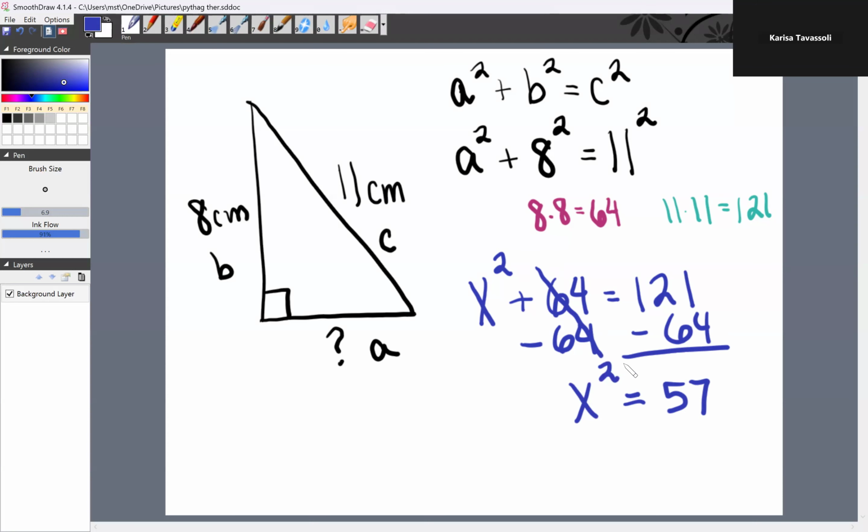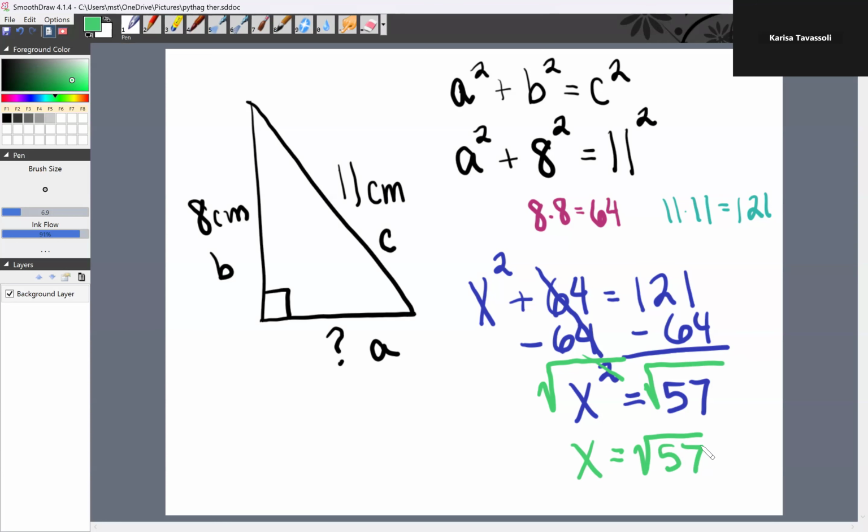Now, we want to get x completely by itself. We don't want that square lurking around. What do you think we can do about that? Yeah, we can take the square root of a square. And whatever we do to one side, we do to the other side as well. So the square root and the square cancel out, and we have x equals the square root of 57.